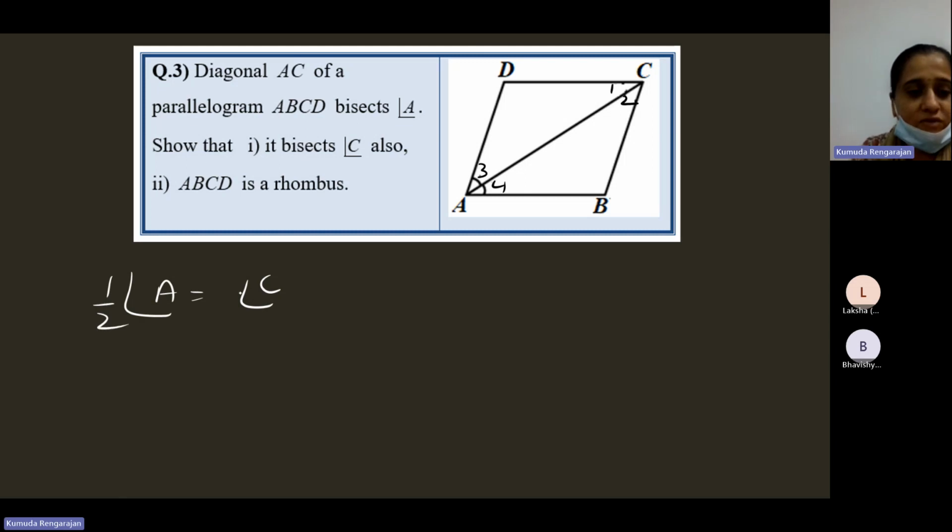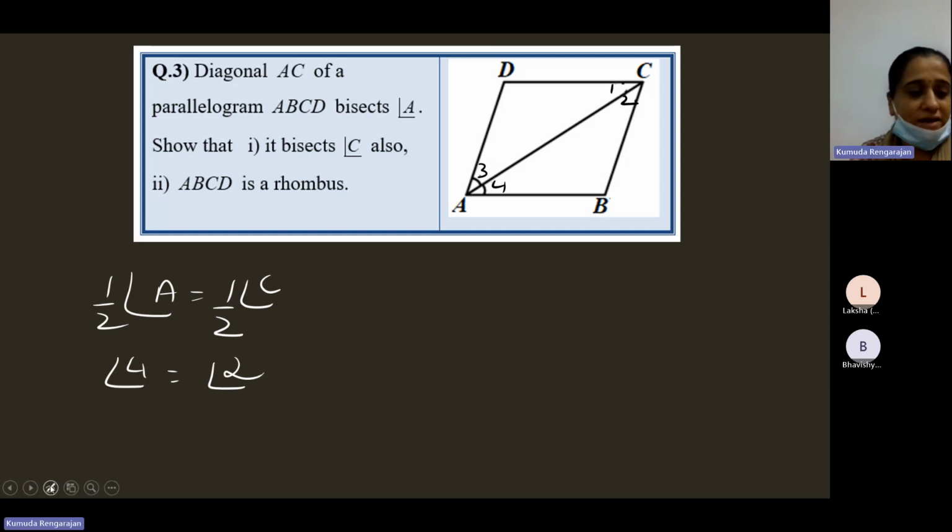Half of angle A is equal to half of angle C. Half of angle A, you can write angle 3 or angle 4. Anything you can write. Half of angle A, you can write angle 4. Half of angle C, now you should write, see, if you have written 4, then you should write 2 only. If you have written 3, you can write 1. Now we have to write 2 only.